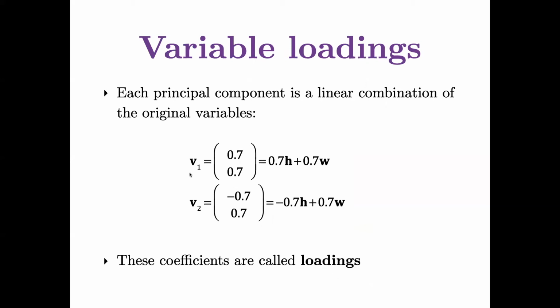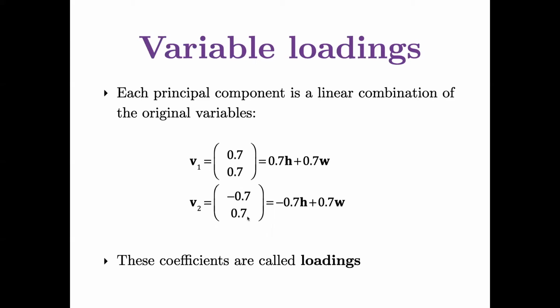So V1 was a vector pointing in a direction, and the direction that it pointed in was 0.7 height plus 0.7 weight. Why is it 0.7? Well, because this is a unit vector, so it was the direction 1, 1, and I've normalized it by dividing by the square root of 2.